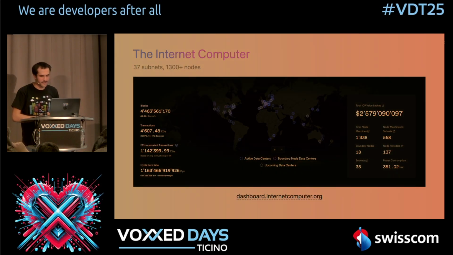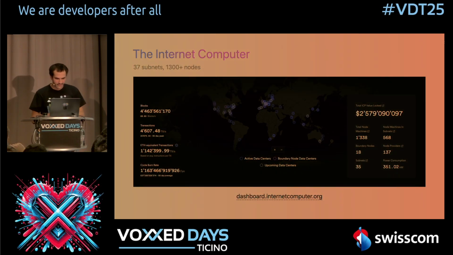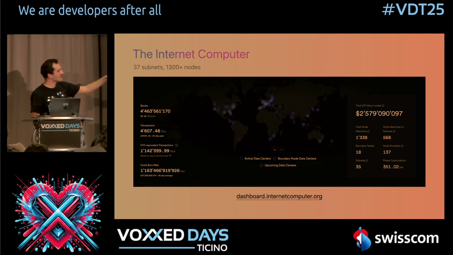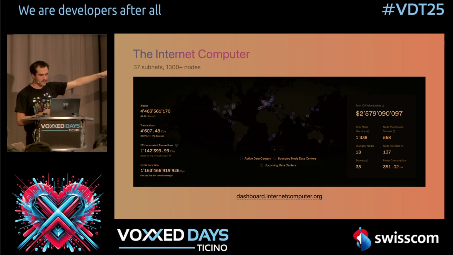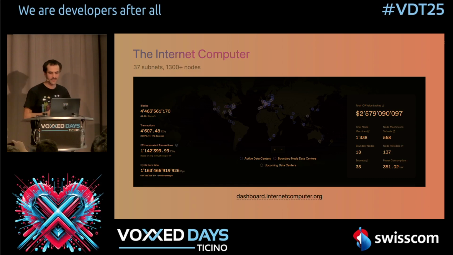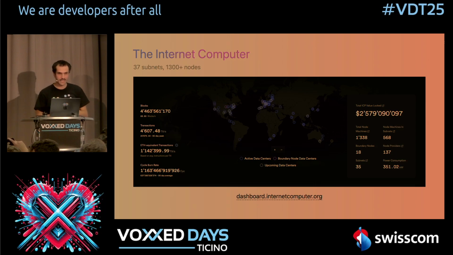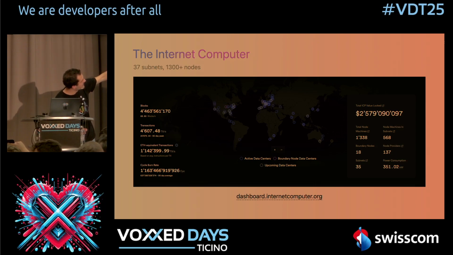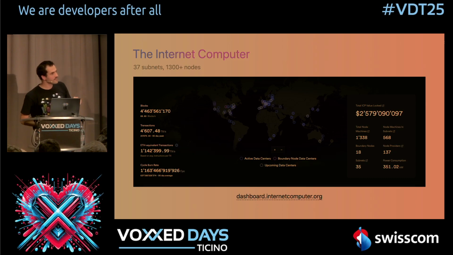This is an overview from last night from the dashboard of the Internet Computer. There are right now 35 subnets and around 1,400 nodes that make up these subnets. And you can see here the geographical distribution.